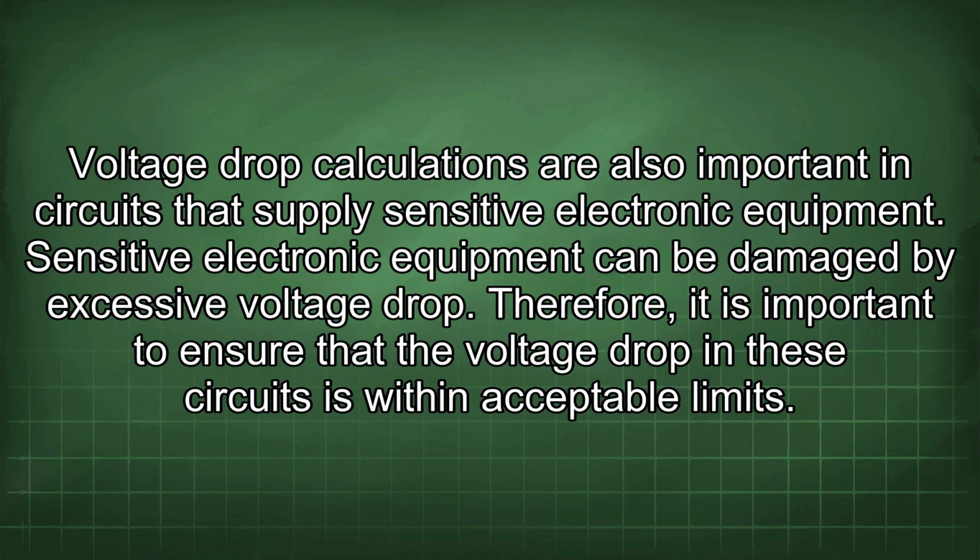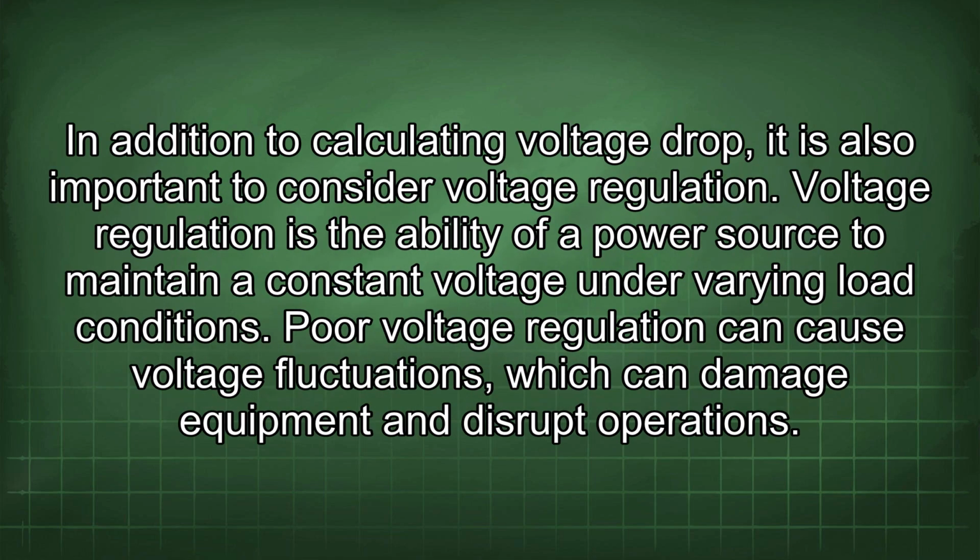Voltage drop calculations are also important in circuits that supply sensitive electronic equipment. Sensitive electronic equipment can be damaged by excessive voltage drop. Therefore, it is important to ensure that the voltage drop in these circuits is within acceptable limits. In addition to calculating voltage drop, it is also important to consider voltage regulation.